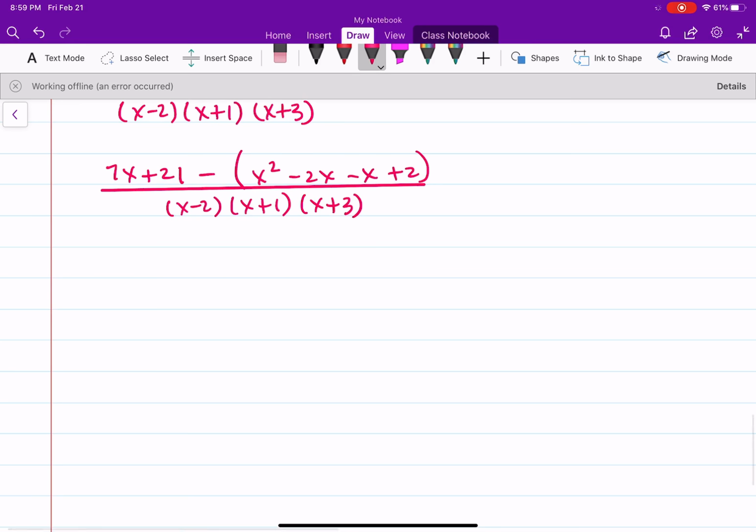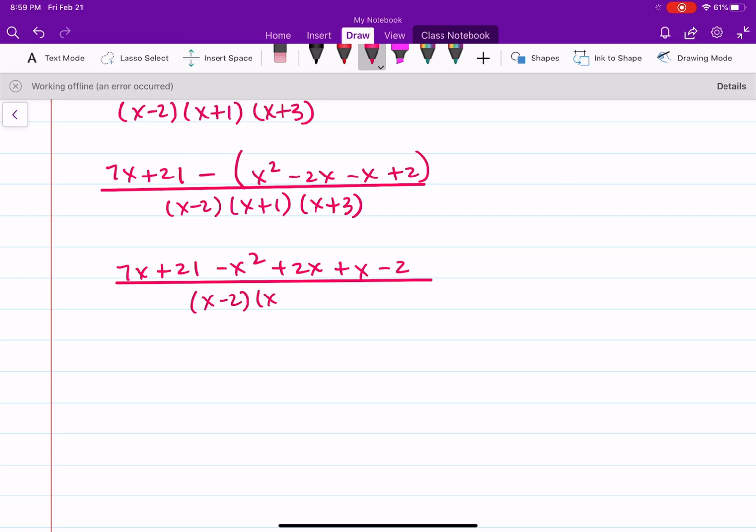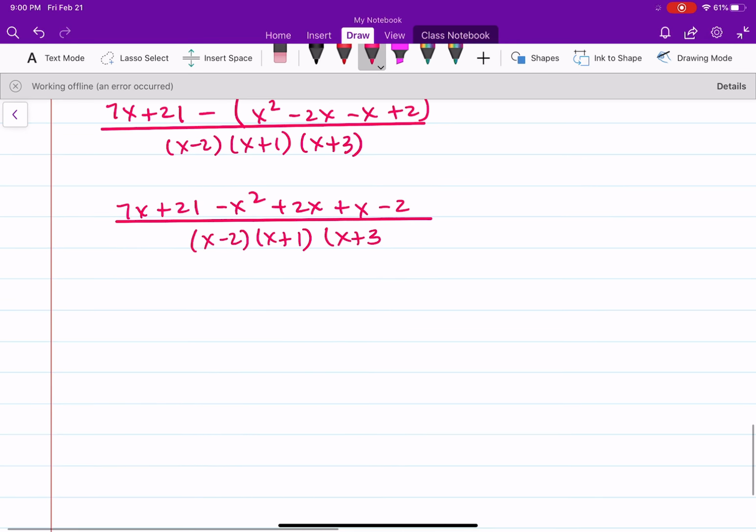So now I have to distribute that negative through, so I get 7x plus 21 minus x squared plus 2x plus x minus 2, over x minus 2, x plus 1, x plus 3. Now let's use a highlighter. I got 7x here, 2x and an x.